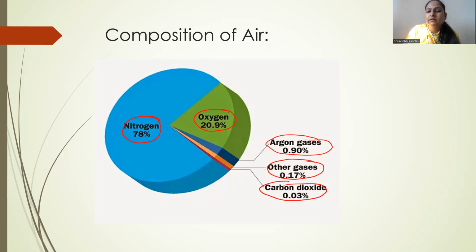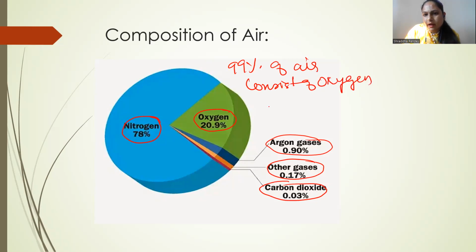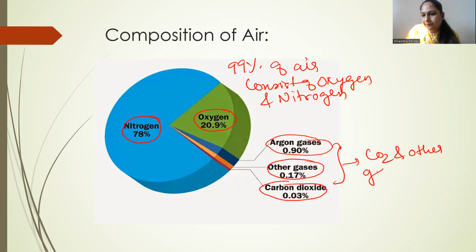So you can say that 99% of air consists of oxygen and nitrogen, whereas 1% consists of carbon dioxide and other gases. How much percent? 1% in the air. Okay, so this is the composition of air.